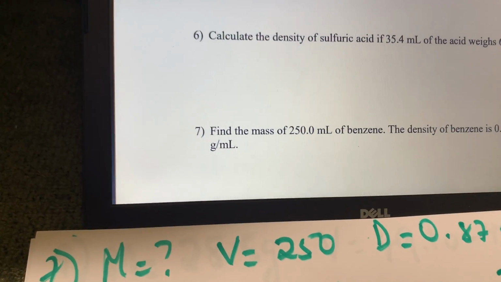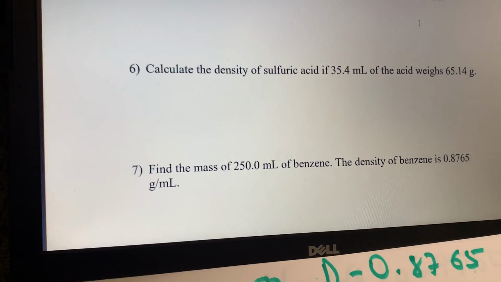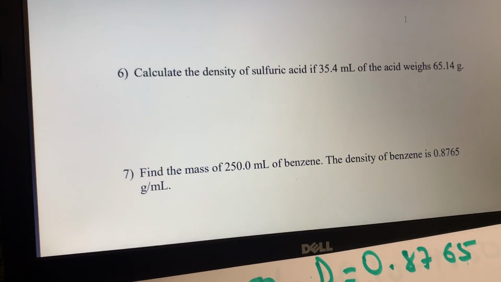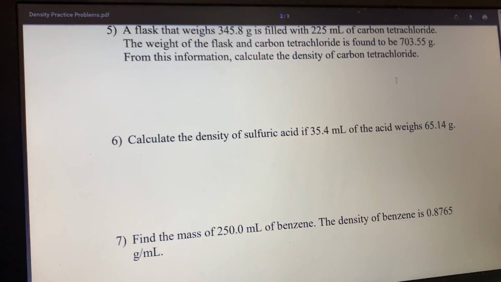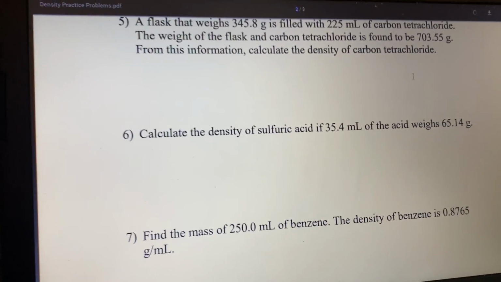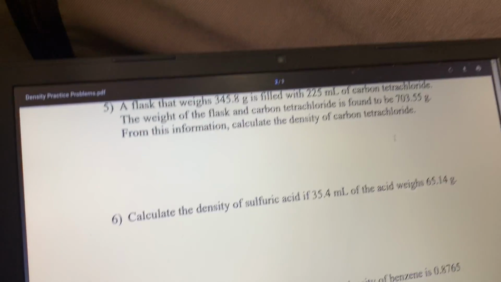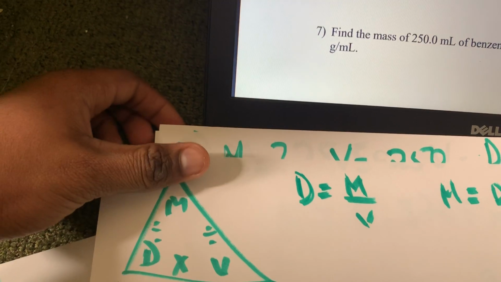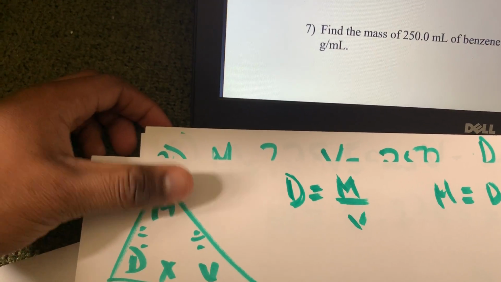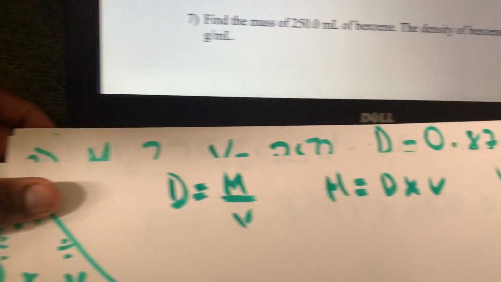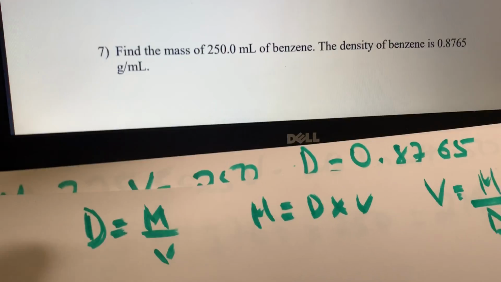To find the mass, based on what I told you on how to solve the formulas, you're going to use your triangle. If you're looking for mass, you put your hand over it, and it is D times V. So density times volume, right?